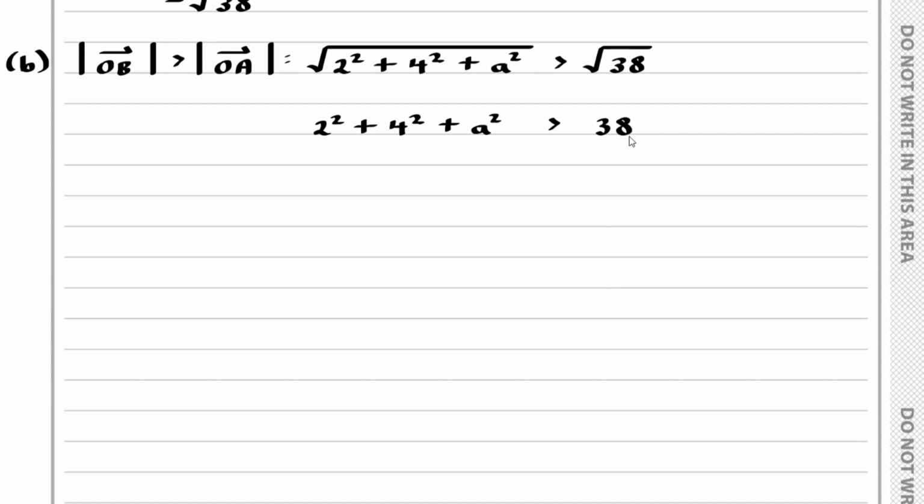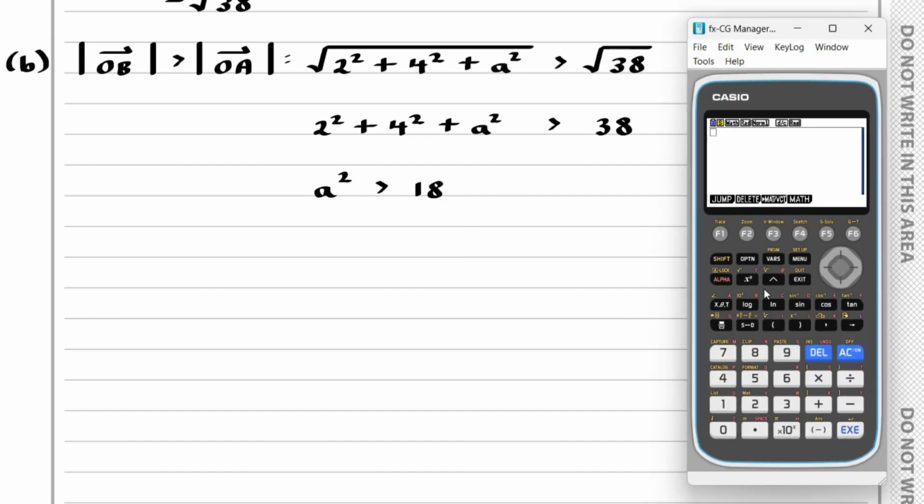So if we work out what we have, well, a squared is greater than 18, and if we attempt to find the critical value of a by working out the square root of 18, the square root of 18 as a decimal is 4.24, etc., which means a is greater than 4.24, etc. And as a is a positive integer, we can therefore conclude the smallest value of a for which the absolute value of OB is greater than the absolute value of OA is 5.